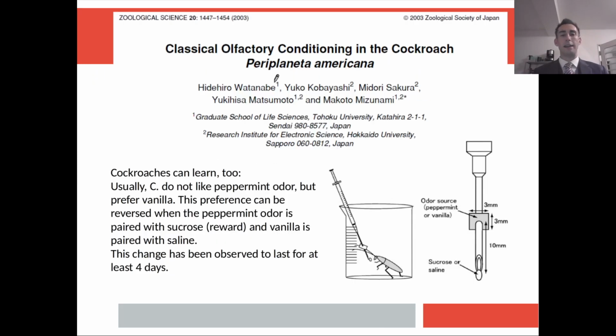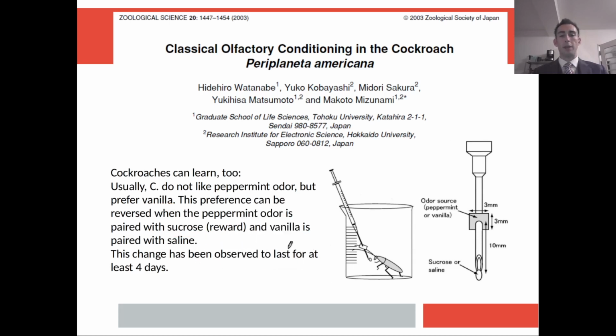That being said, even simpler animals like cockroaches and bugs can be conditioned. For example, the cockroach can be conditioned using olfactory stimuli. Usually cockroaches don't like peppermint smell. They prefer vanilla smells. You can actually reverse this preference by giving peppermint, which is usually undesirable, with sucrose, sugar, which is a reward, and giving vanilla smell with saline, which is salt water, which is not a reward or a punishment.